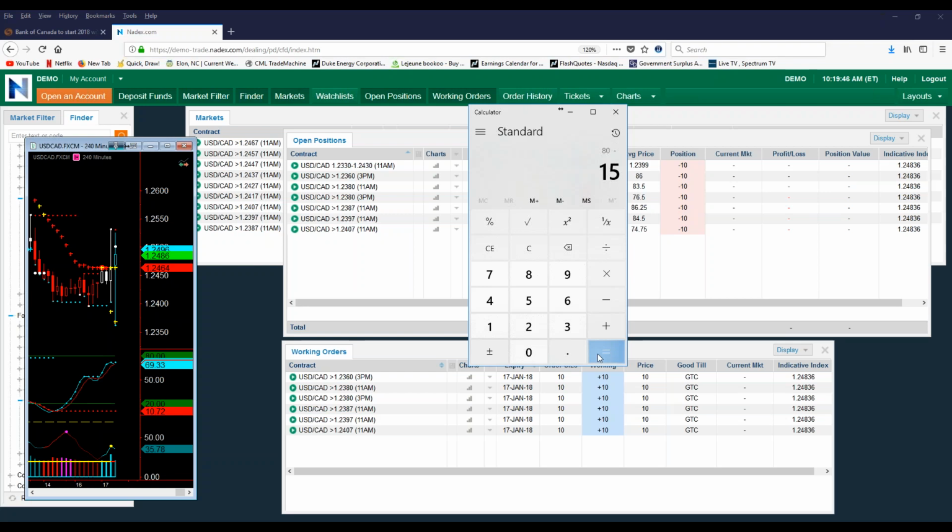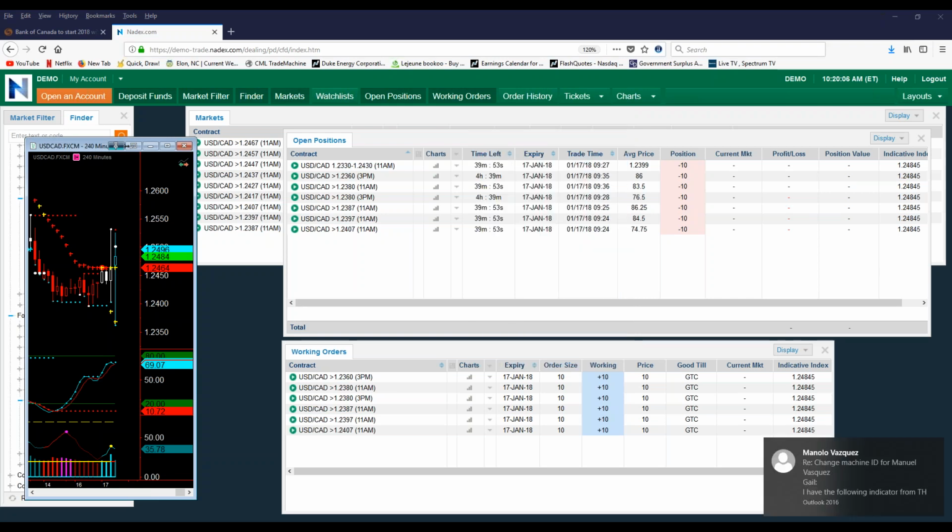Okay, your risk was 15, that's 65. The risk on the other side is another 15. Okay, so basically you're making $65 with a risk of about 30. So you're still getting a 1 to 2.16 risk to reward ratio, Michael. Now, I didn't have to calculate that because I know that. Okay.